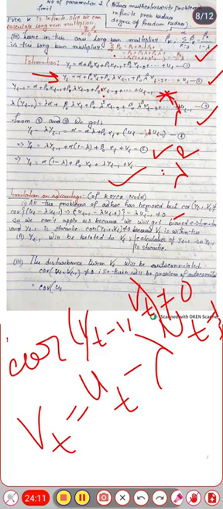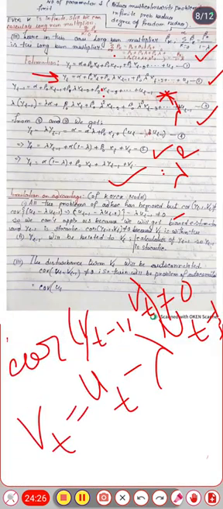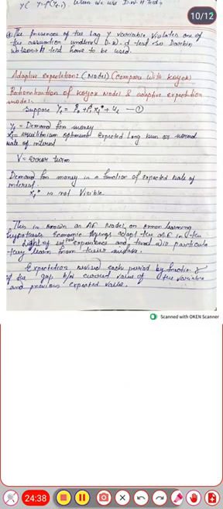The disturbance term vt will be autocorrelated because the covariance between the ut minus 1 terms is not equal to 0, so there will be a problem of autocorrelation, which can be detected through the Durbin-Watson test.